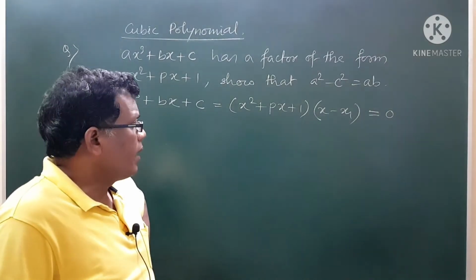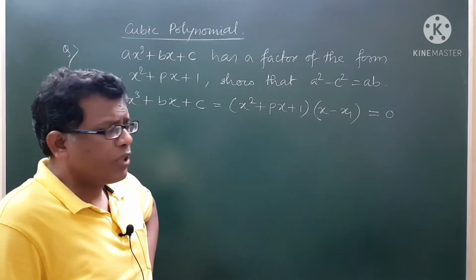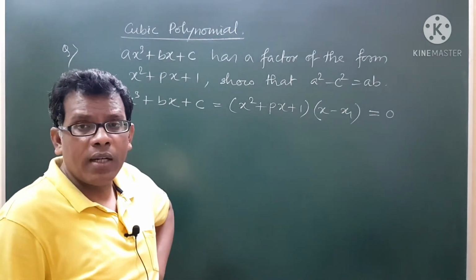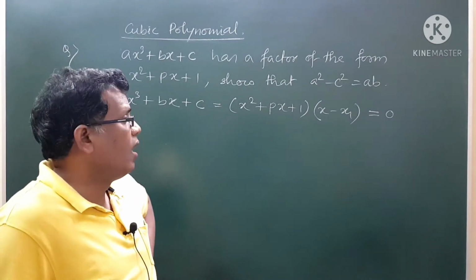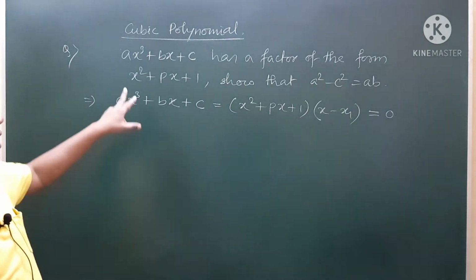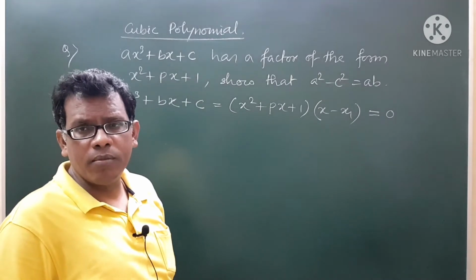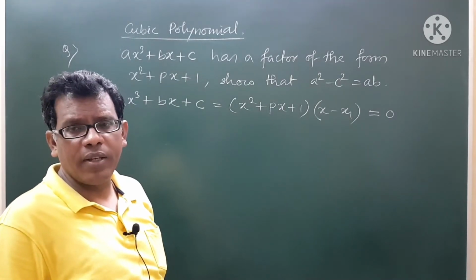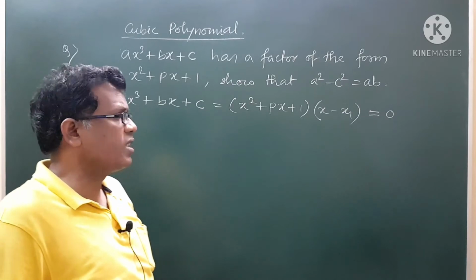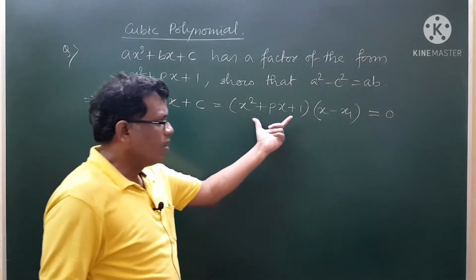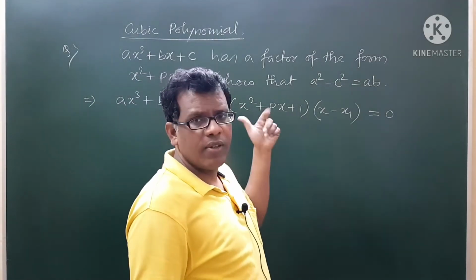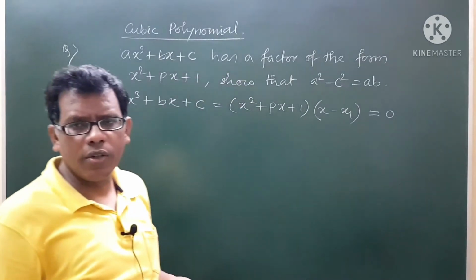Here in this question, instead of 3 linear factors, one factor has been given which is not linear, rather the maximum power of x in the given factor is 2. So it is a quadratic factor. That means this factor itself will decide 2 out of 3 roots.